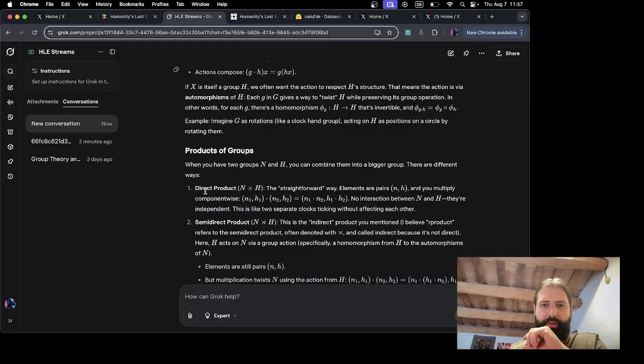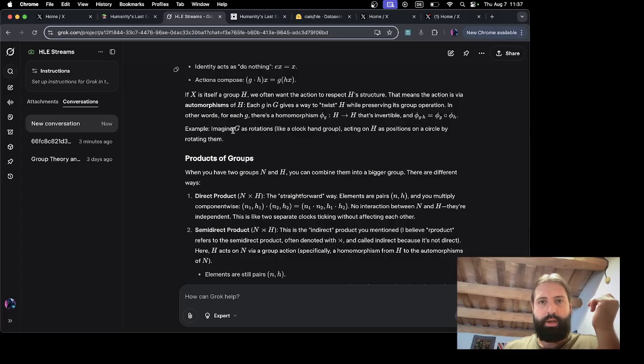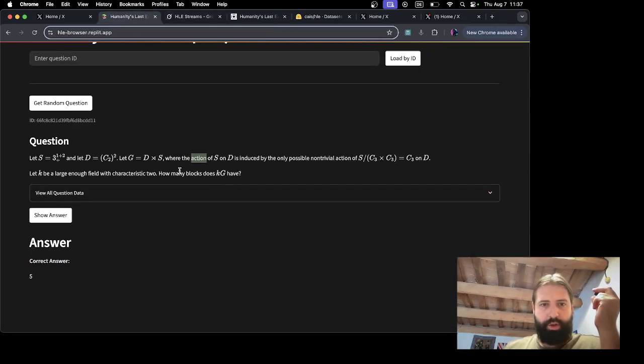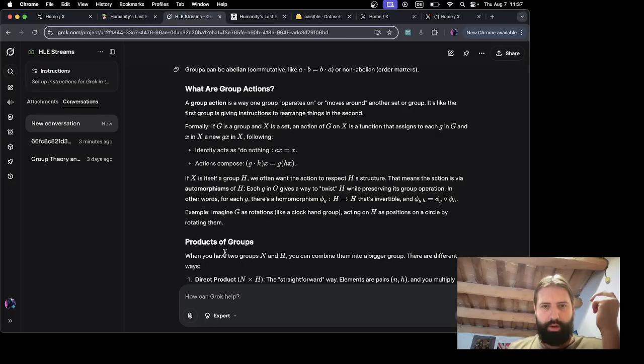I was gonna say, isn't the product, so when you have two groups, because that's kind of what I was thinking, isn't then the action just the definition of that product, right?